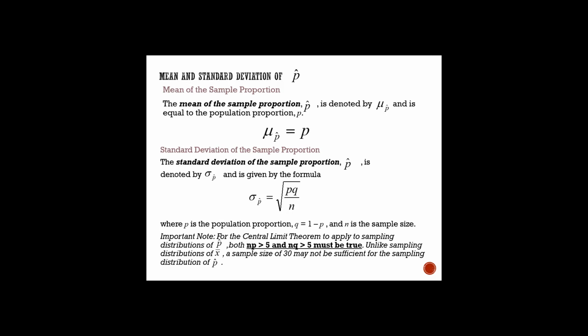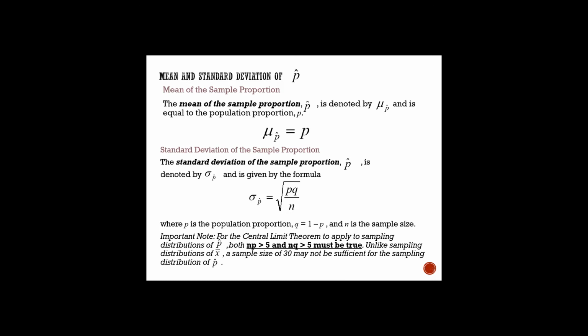It's important to note that for sampling proportions, the sample size has to be much larger for proportion problems, so there is a check you need to know. Both the sample size times the population proportion P, and the sample size times Q, must be greater than 5.